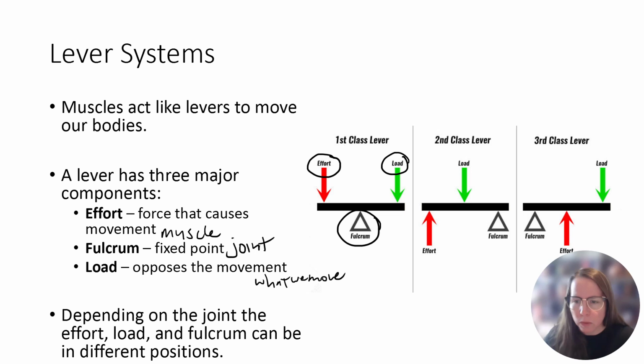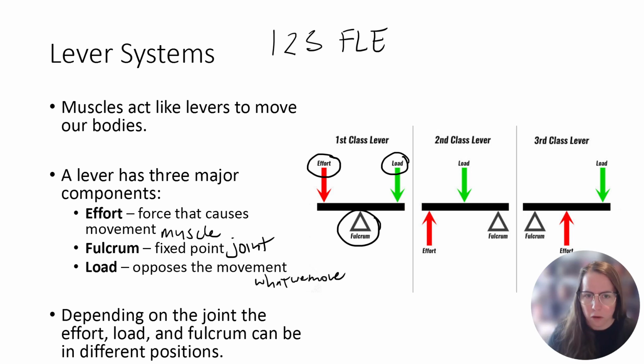Now, as you can see, we have different orientations. We do need to understand who's a first class lever system. Do they provide mechanical advantage or disadvantage? What is the orientation of the effort, fulcrum, and load? And can you give me an example? So to help you remember the orientation, we are going to use 1, 2, 3, F, L, E. And what that does is it lets us know that first class lever systems have the fulcrum in the middle.